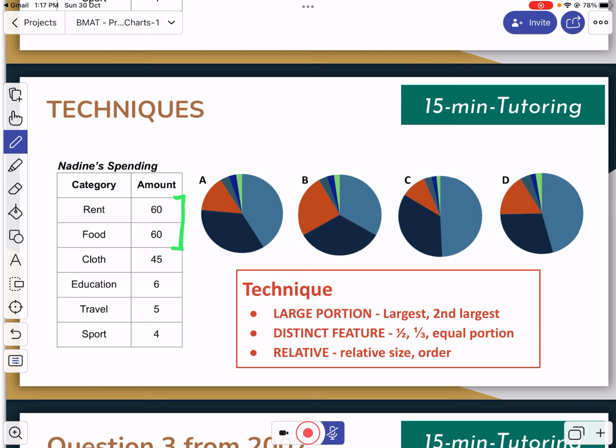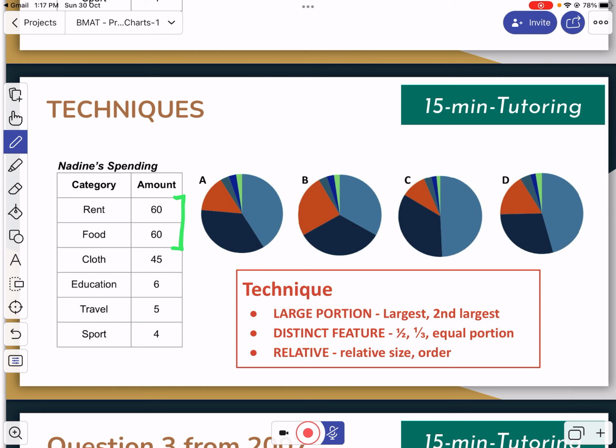So we'll start from these and try to rule out the incorrect answer choices. You see that rent and food are the largest, and they are the same amount as well. So in the answer choices, we'll be looking at a pie chart with two largest sectors of the same size.